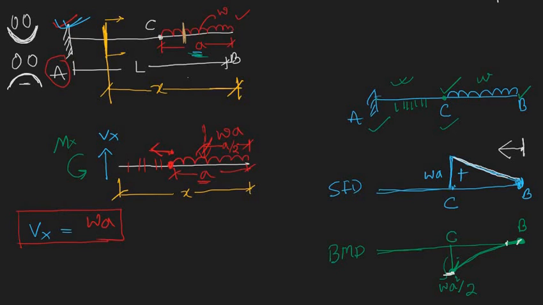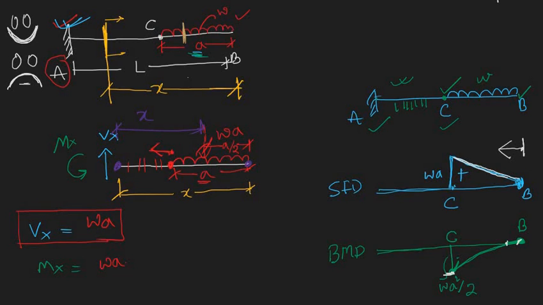To find the equation of the moment, we can rewrite it as Mx equals the force, that is W times A, into the distance. And what is the distance? Here you can see the distance is this one. The total distance from this end to this end was x.